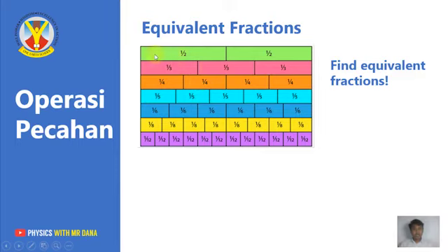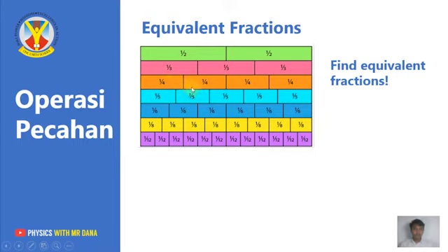You know that 1/2 is from here to here. You can see the orange one also has the same border, the same line. So if you add 1/4 with 1/4, you will have 2/4, which is the same length as 1/2. So 1/2 is equivalent to 2/4.